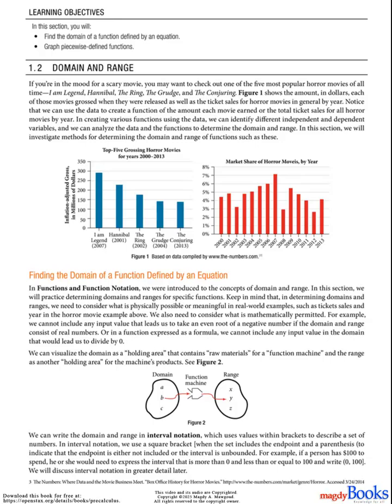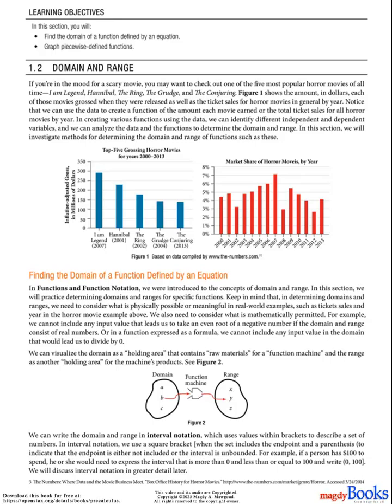Figure 1 based on data compiled by www.the-numbers.com. Note 3. The Numbers. Where data and the movie business meet. Box office history for horror movies. http://www.the-numbers.com/market/genre/horror. Accessed March 24, 2014.